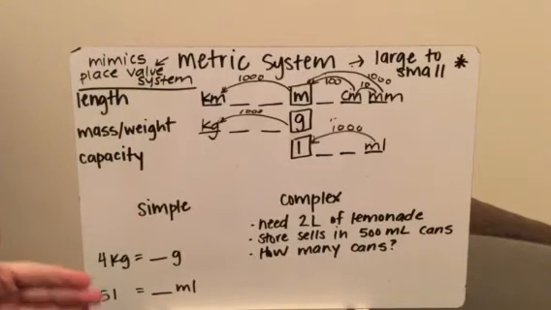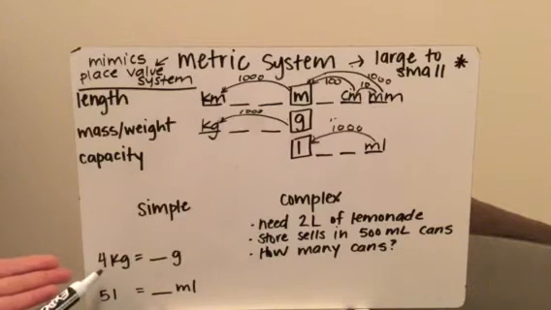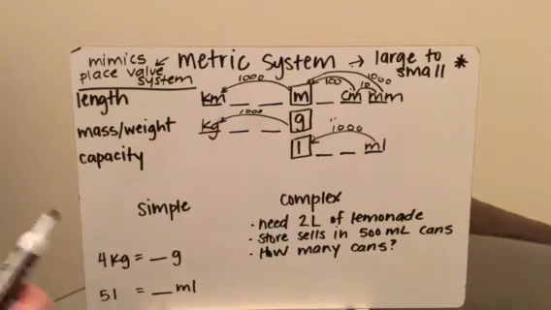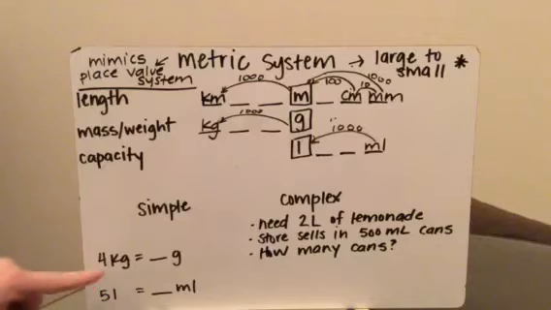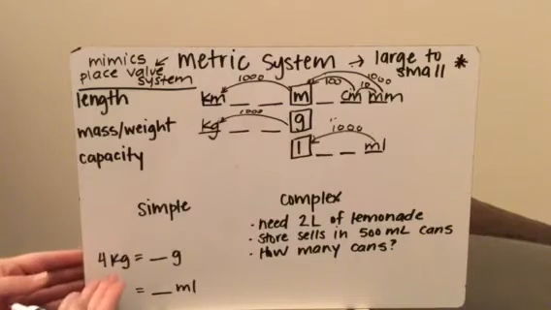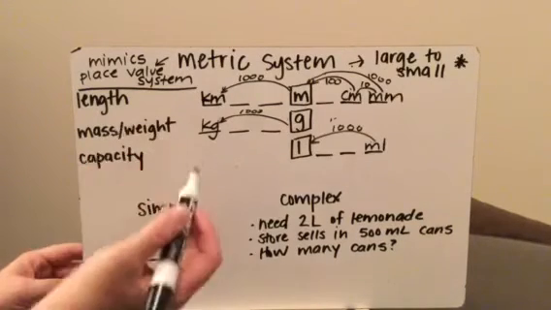So for the simple example, here we have 4 kilograms, and that's like 4 big dictionaries. So I always tell them a big textbook, like a dictionary, is 1 kilogram. So this is like 4 big dictionaries. And I want to know how many grams that is. I always tell them to think about, well, what's the base relationship of kilograms and grams?